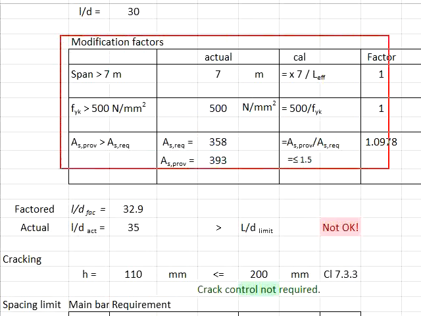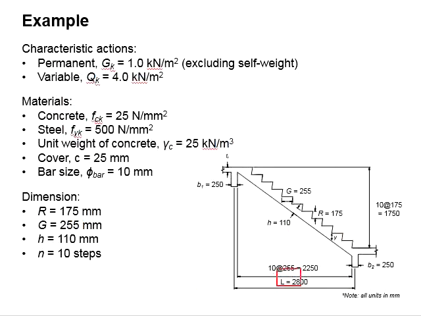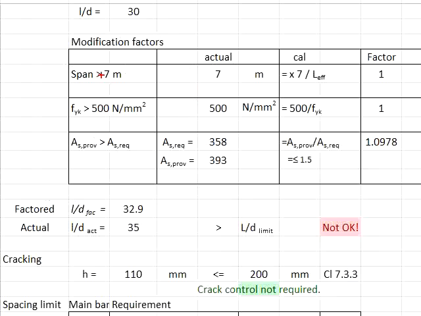Now you check for the modification factors. The span of the staircase is 2.8 meters. It is less than 7 meters, therefore there won't be any corrections. The steel grade is 500, so no modifications will be required. The As required is 358 and As provided is 393.